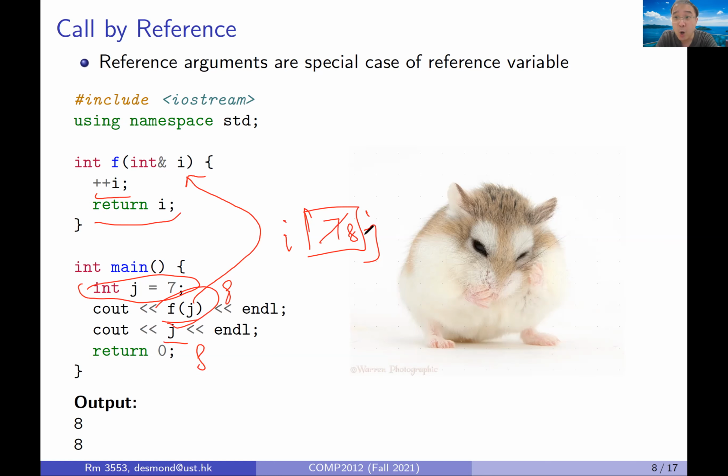That means what you have done in the function also affects the one in main. Why? Because you pass j here and bind the nickname I to it. If you modify I, actually you modify which guy? You modify j also.